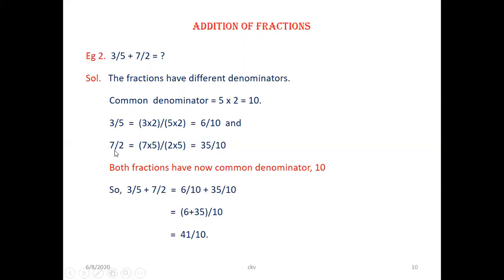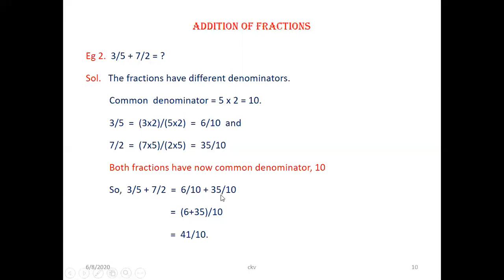Now 7 by 2 is equivalent to 35 by 10, because the value of 35 by 10 is 3.5 and the value of 7 by 2 is 3.5. Now 3 by 5 is equal to 6 by 10, and 7 by 2 is equal to 35 by 10. To add 3 by 5 and 7 by 2, in place of 3 by 5 I put its equivalent fraction, and in place of 7 by 2 I put its equivalent fraction, so that both these fractions have the same denominator.